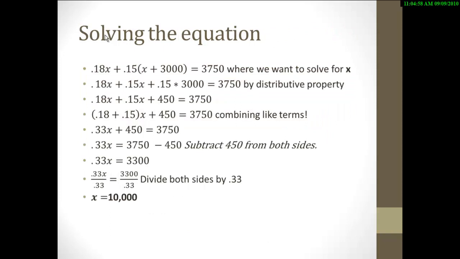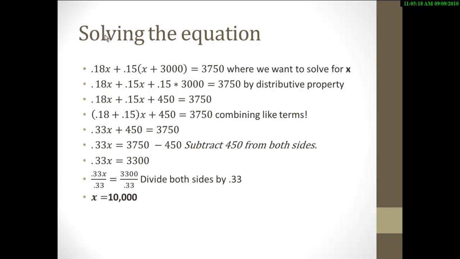Okay, so I've put up all the computation here at once for solving the equation, and you can review this at your leisure. It goes through the same process that we've been using in the first part of Chapter 2. We identify the variable that we want to be solving for, x.